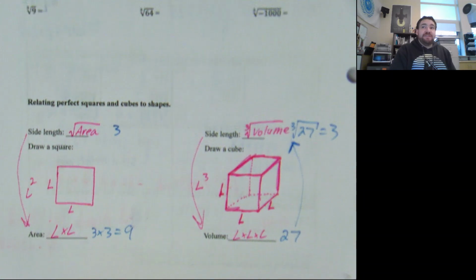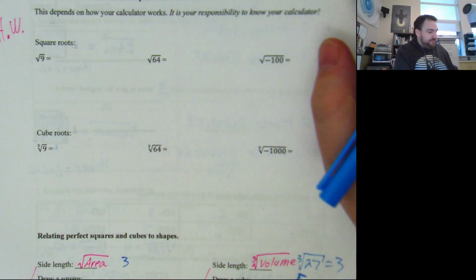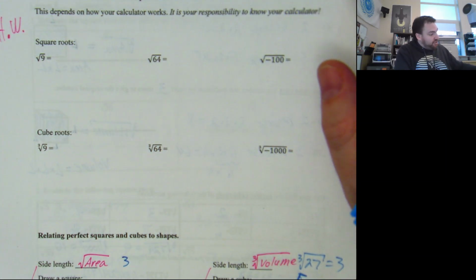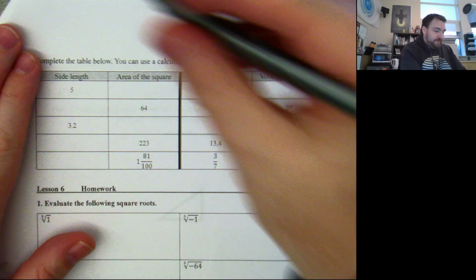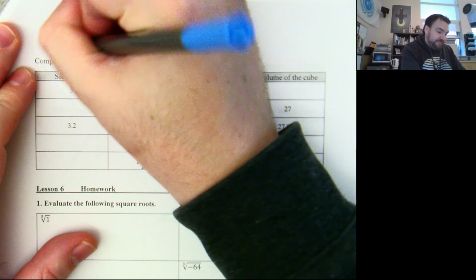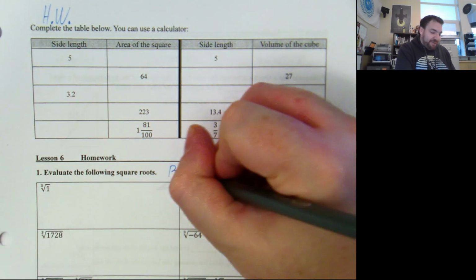So what I'm going to give you guys to do is I would like you to do these 6. Again, it's more practice with your calculator. Then I want you to flip the page. And I want you to do this page. And that's it. You can do it. I believe in you. You're going to have to follow BEDMAS down there at the bottom.